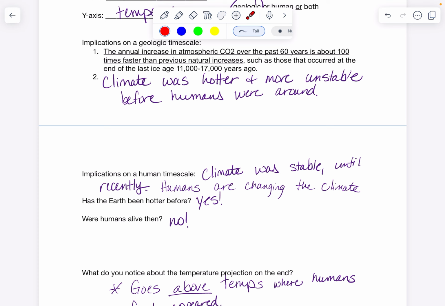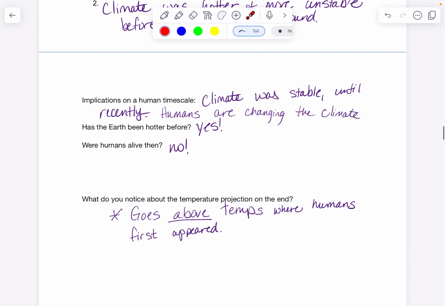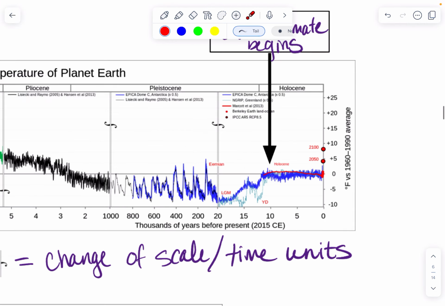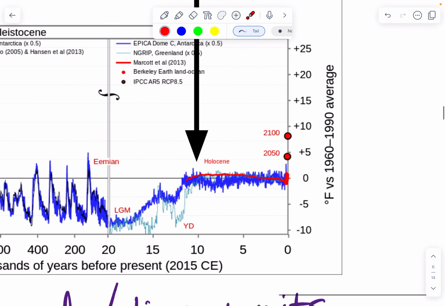Even though it was hotter before, humans weren't alive then, and so we don't know how our human bodies are going to respond to those hotter temperatures. And then that temperature projection on the end. If we look way down here over at this end, we see these two dots right here. They had to put dots because the line kind of disappears off the end of the graph.